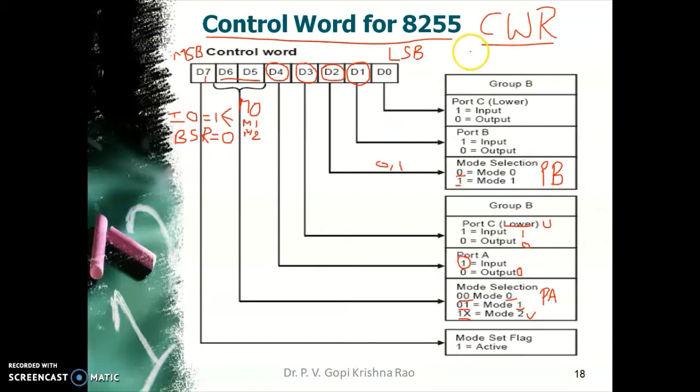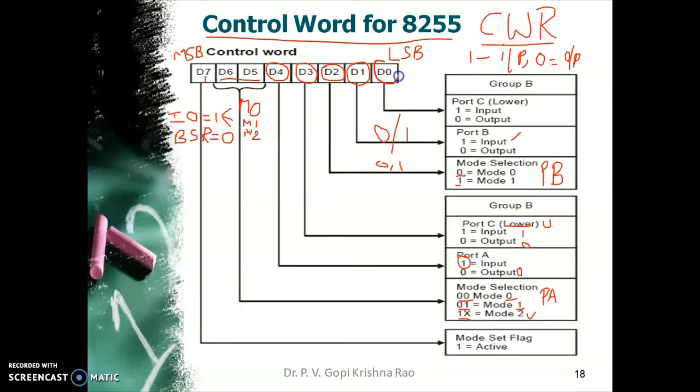So remember, globally 1 is input, 0 is output for all ports, port A, port B and port C. So if you make D1 bit equal to 0, you are defining your port B as an output port, and if you define this as 1, you are defining it as an input port.